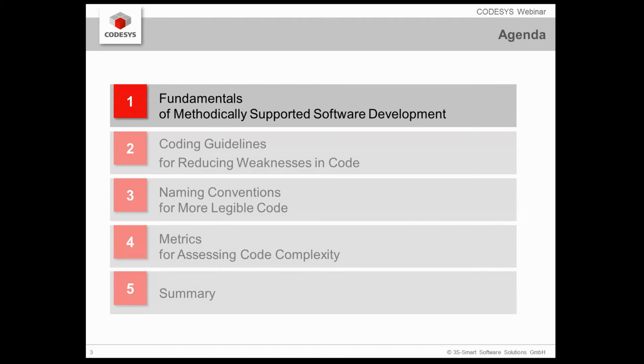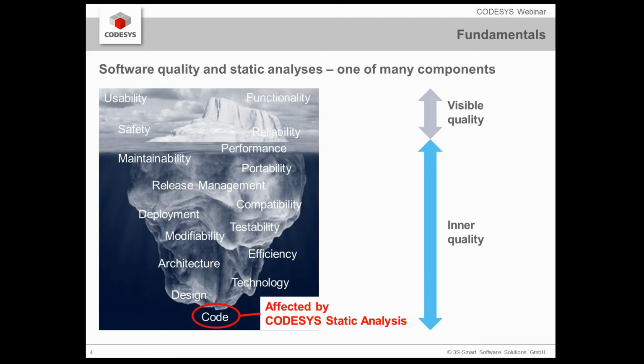Let's start with the first chapter. As you see on this slide, it's all about software quality. The software quality in general is divided into 2 sections. The first one is the visible quality, which is visible to the end user of the software.